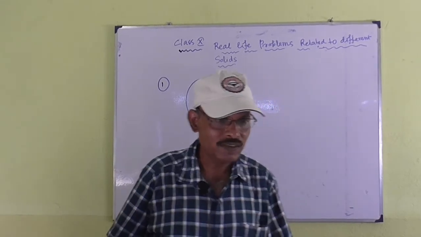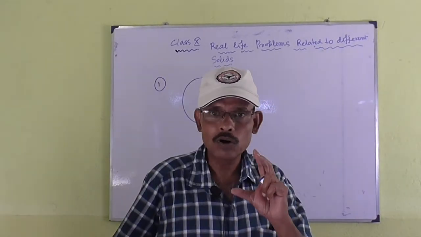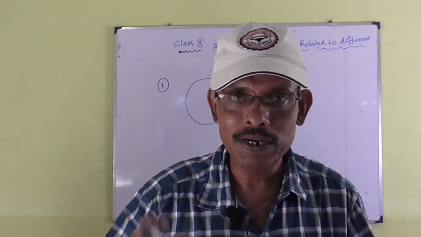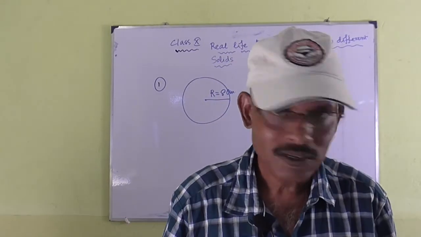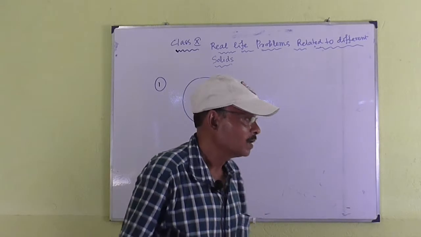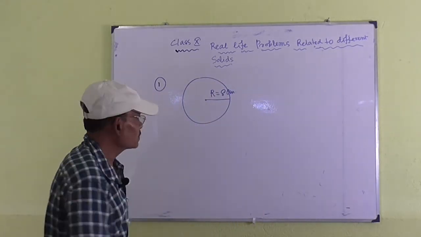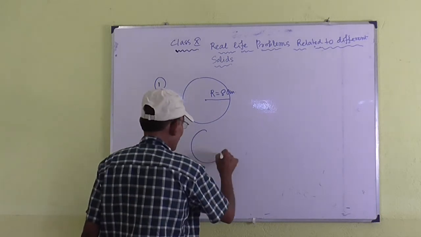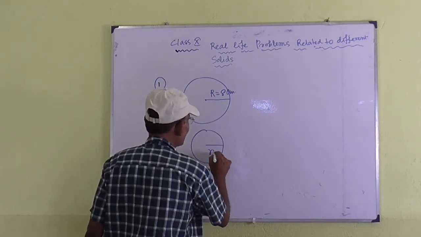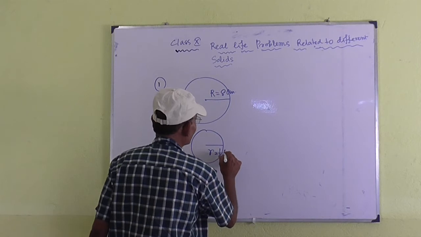The question is, how many small spheres will be made from this big sphere? Clear? So, let us take the radius of the small sphere to be r equal to half.